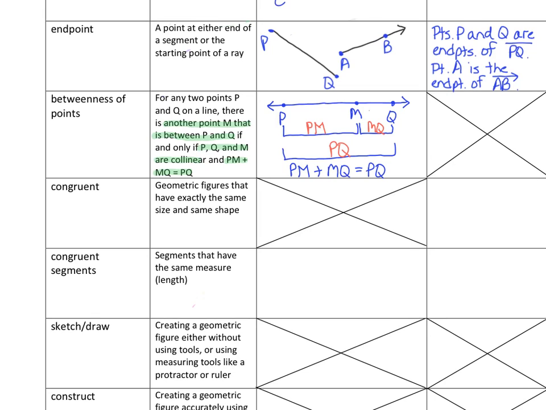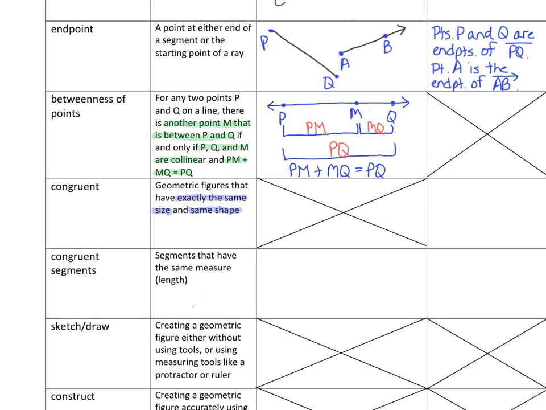All right. Now, when we want to start talking about things that are the same size or same shape or have the same length in geometry, we have a word that designates that, and that word is congruent. So our definition for congruent is geometric figures that have exactly the same size and same shape.